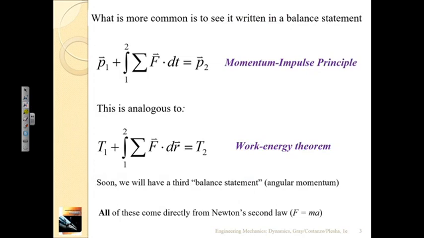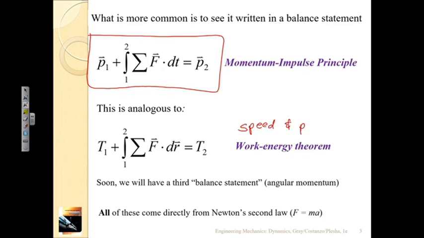So this slide is what I've been harping on the whole time. Impulse momentum, that's what we're doing now. It's just like what we did the last two weeks for work energy, except now instead of a scalar equation, we have a vector equation. That's going to be the main difference that we'll play with today. And again, work energy is speed and position.